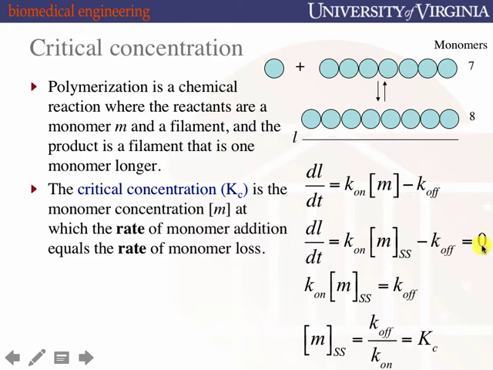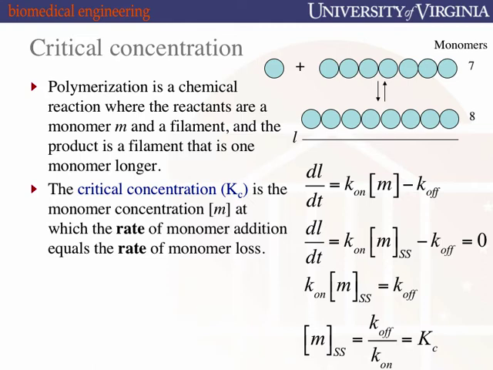It's equal to 0. It establishes a pretty simplistic equation: K on times this steady state concentration of monomer equals K off. We can then solve for this concentration of monomer at steady state as being equal to K off, the rate of dissociation of monomer from the polymer, divided by K on, the rate of monomer addition to that polymer.